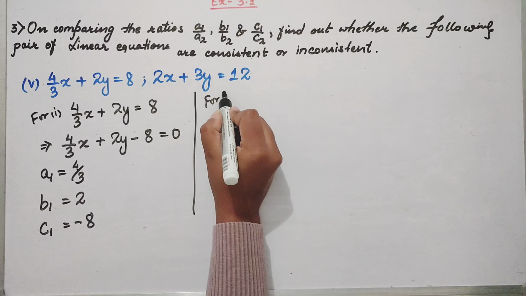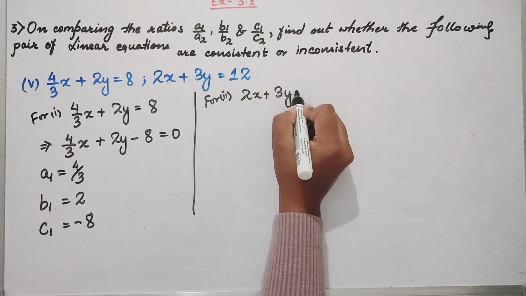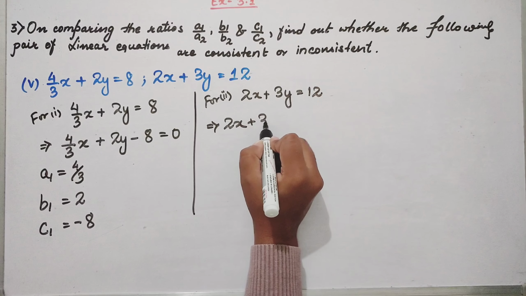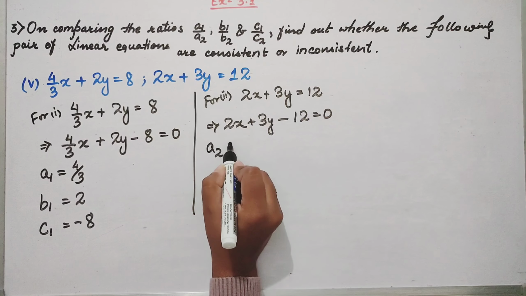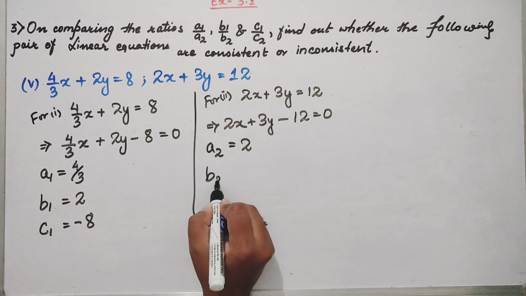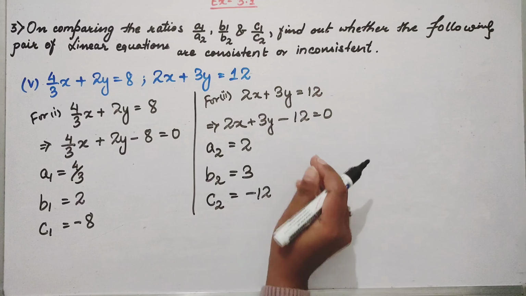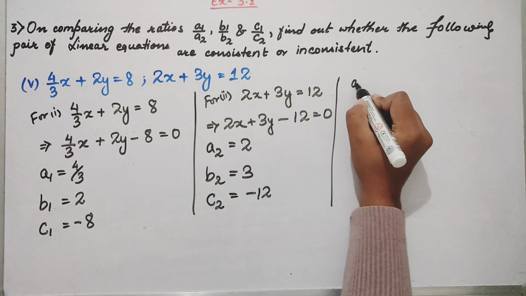For 2, we have 2x plus 3y equals 12. Let us rearrange. 2x plus 3y minus 12 equals 0. Here a2 is 2, b2 is 3, and c2 is minus 12.